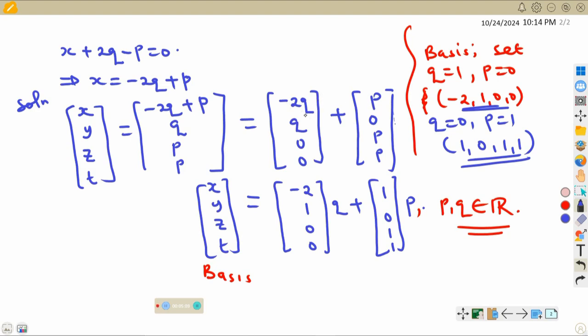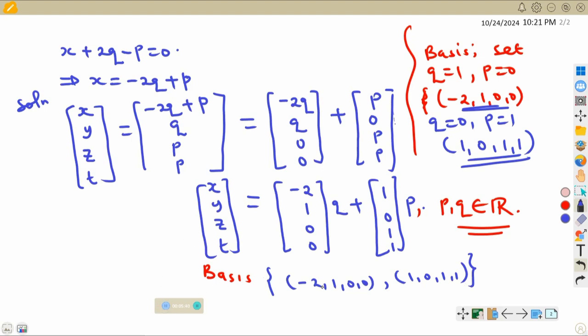So the basis set will contain negative 2, 1, 0, 0, and 1, 0, 1, 1. So this will be the basis.